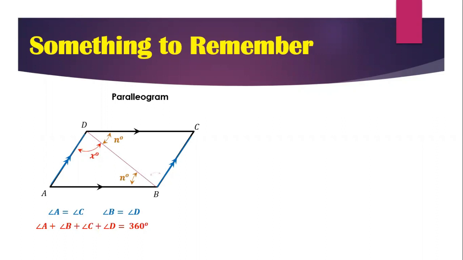So automatically, this angle is x degrees too. Why? Because line AB and line DC are parallel to each other.